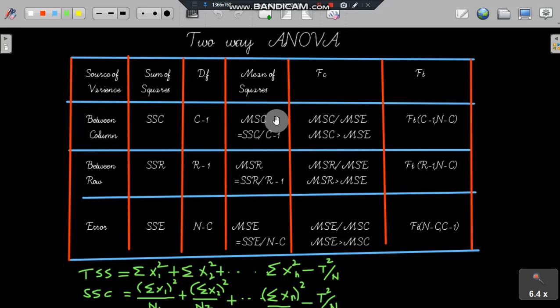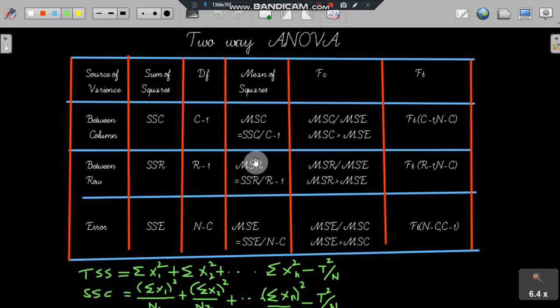In the first place, the numerator degrees of freedom we write here, and the denominator has the lesser value, so its degrees of freedom n minus c we write here. Then going to the table, we can find the F table value.